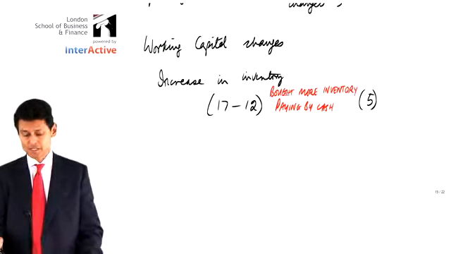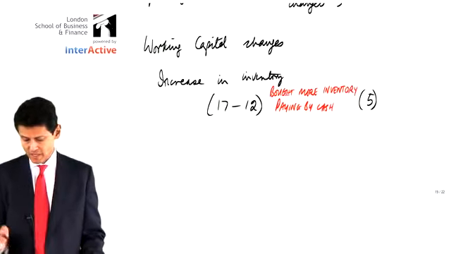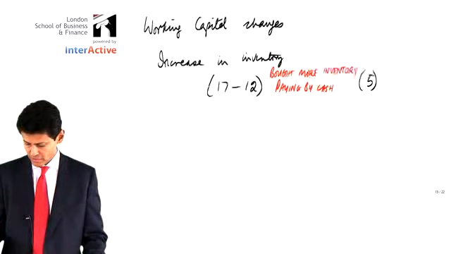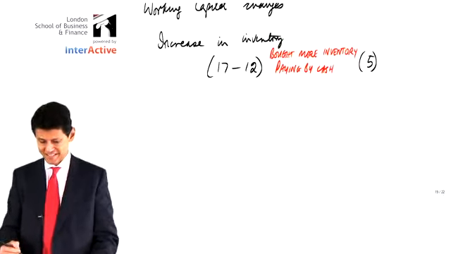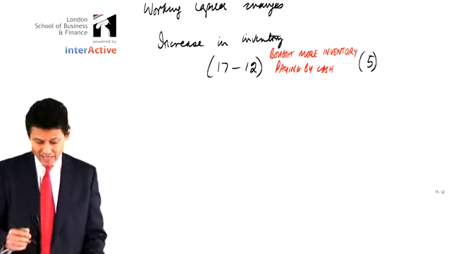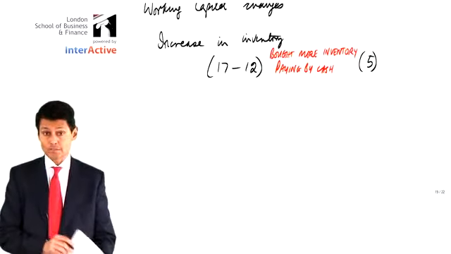Always assume it's cash. Now these are just my explanations. You don't need to put them down in an exam question, just for you to understand as we do these things in class. Okay, increase in inventory, not a problem.